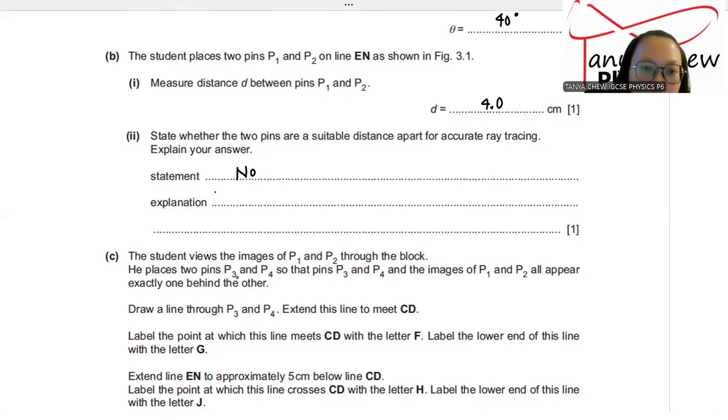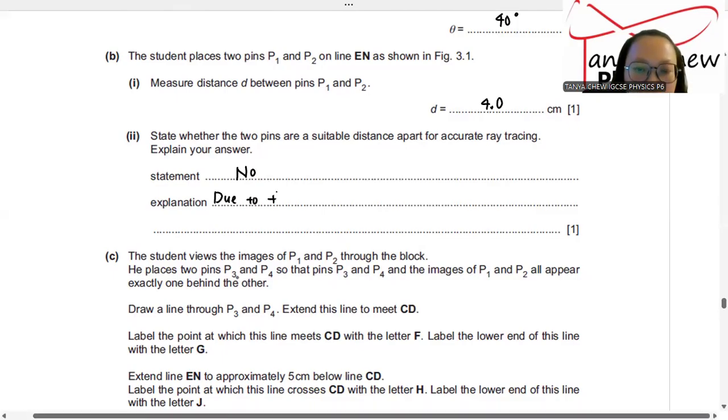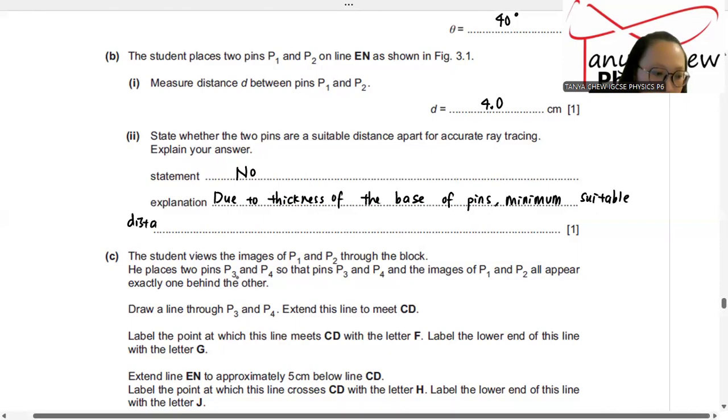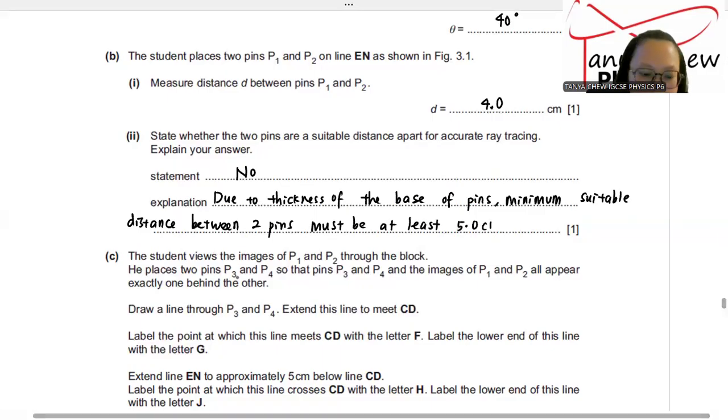So I say due to thickness of the base of pin, the minimum suitable distance between two pins must be at least 5 cm.